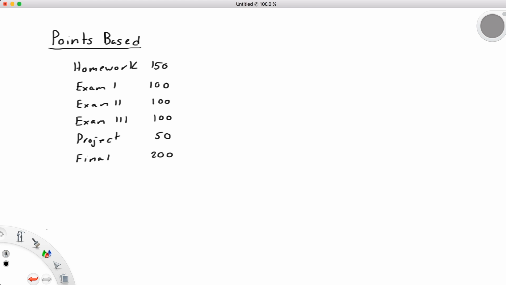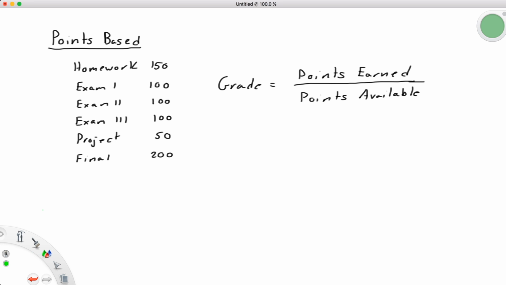And this works really nicely because in order to compute your grade here, all you need to do is take the points that you've earned and divide it by the points available. And this is always true at any point in the semester, whether you've completed all of the portions of the grade or not, whether you've taken your final or not, whether you've submitted your project yet or not. This will always be true.